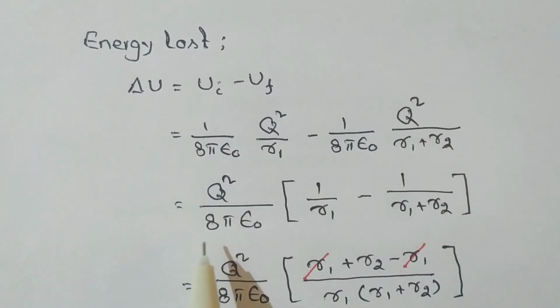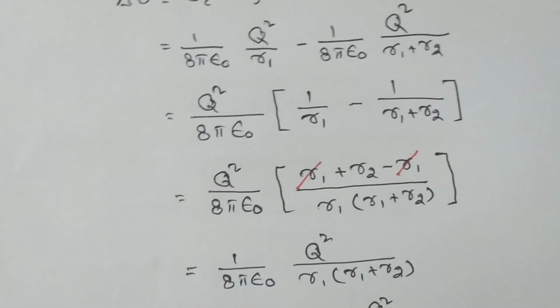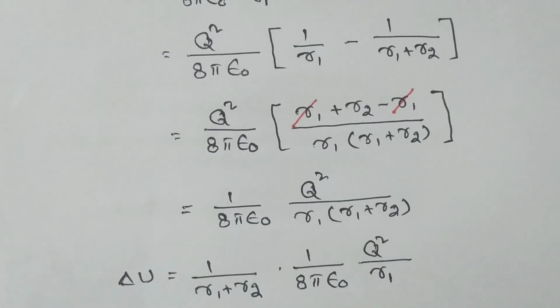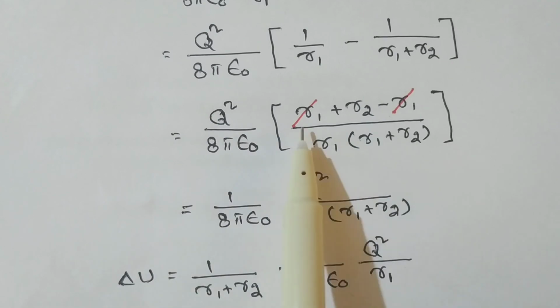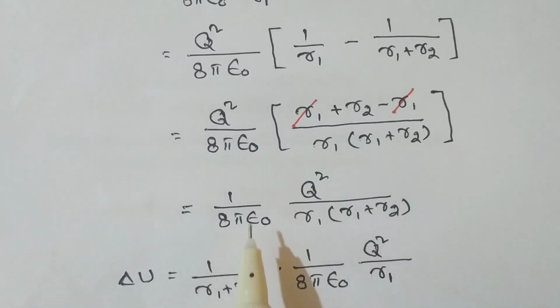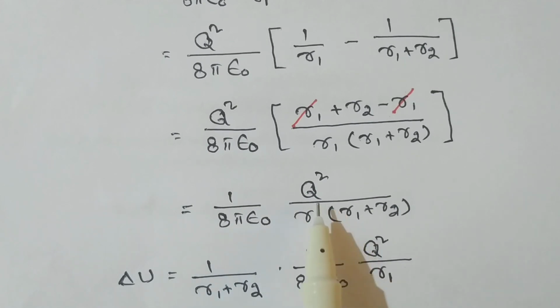That gives Q square by 8 pi epsilon 0 into (1 by R1 minus 1 by (R1 plus R2)). Now taking LCM, R1 cancels. This is 1 by 8 pi epsilon 0 Q square by R1 into (R1 plus R2).